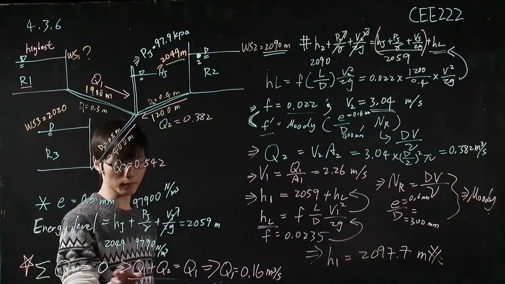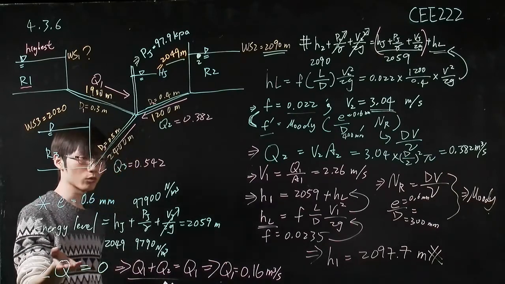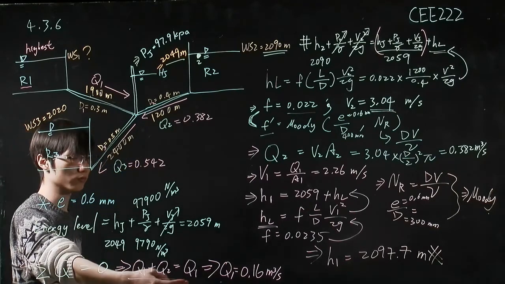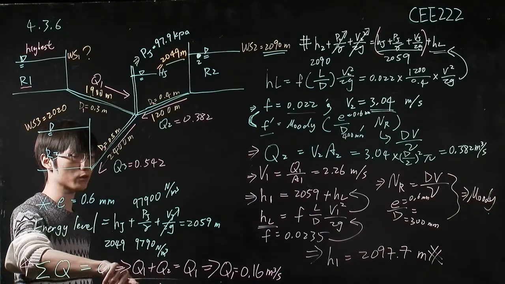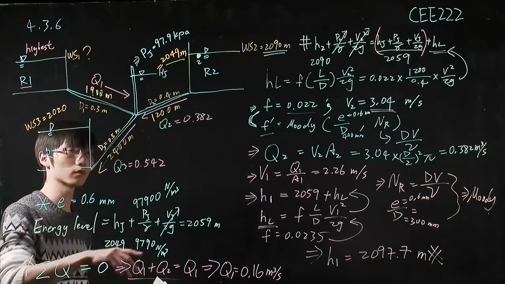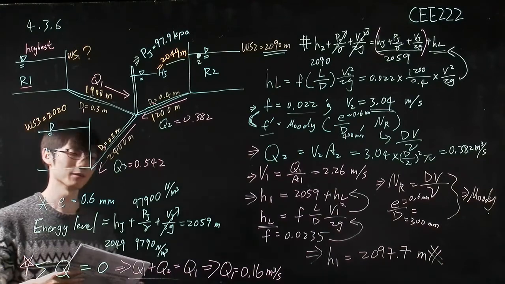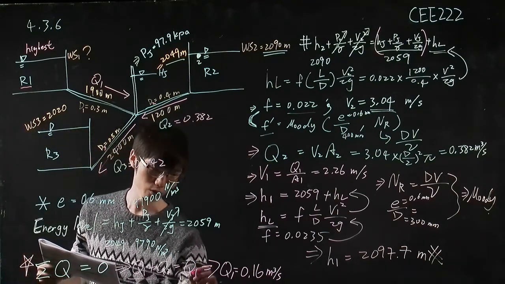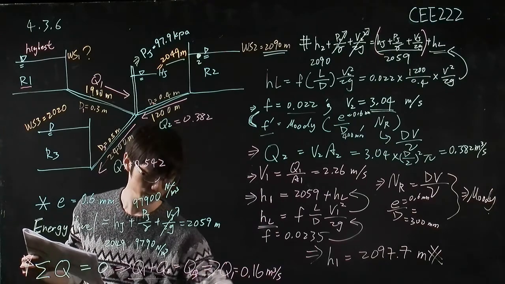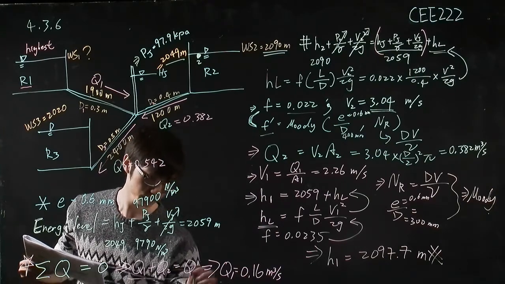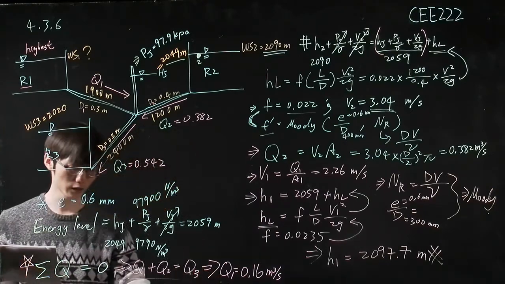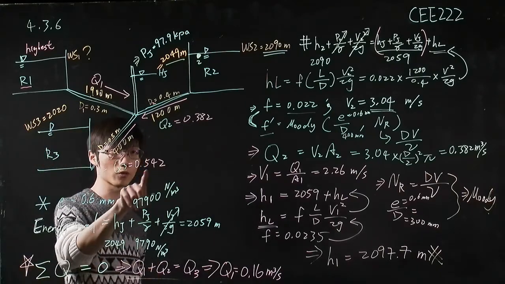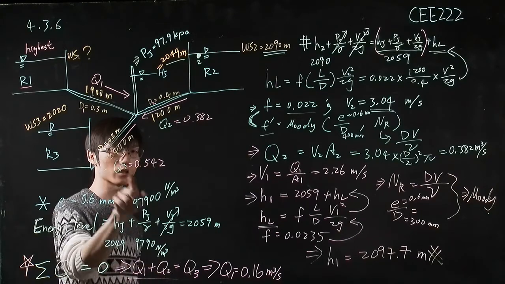As we see here, we expand this mass balance equation into here, where Q1 plus Q2 will equal, my bad, Q1 plus Q2 will equal Q3. Okay, so we want to solve Q2 and Q3.